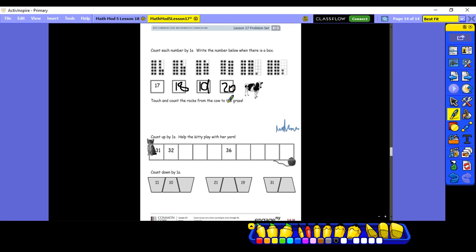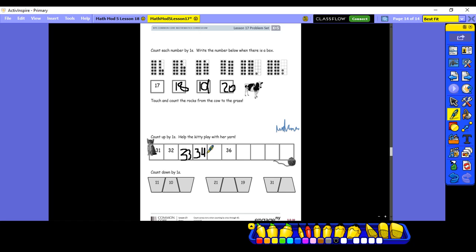Let's see as we count for our kitten to get to the yarn. Let's count by ones. We start at 31, 32. What's one more? 33. One more. 34.